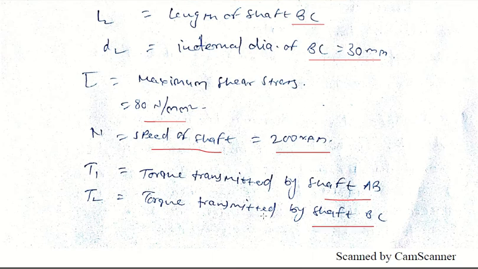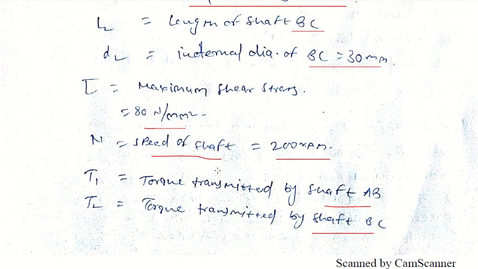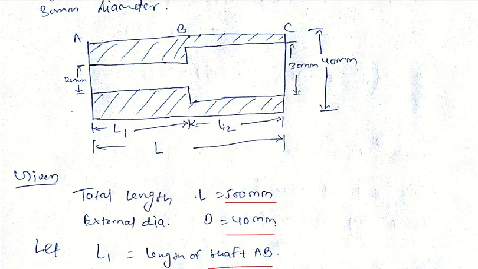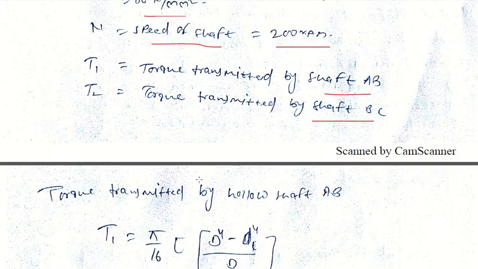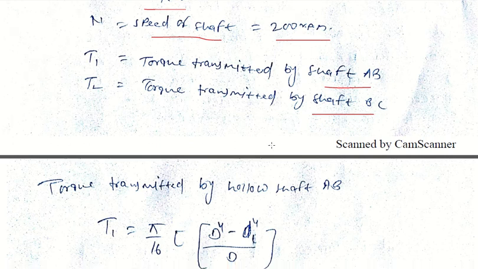Here the strength of this complete section, or this complete configuration, is the minimum torque transmitted by the shaft, whether it is the AB shaft or the BC shaft.